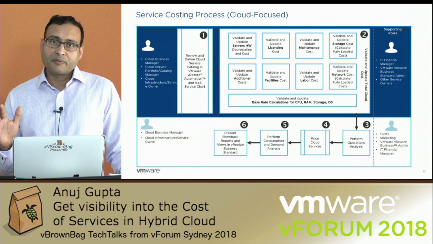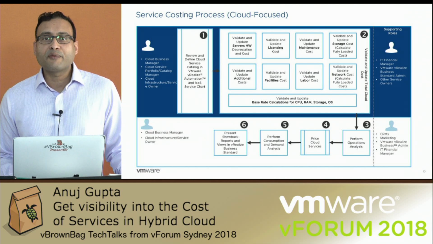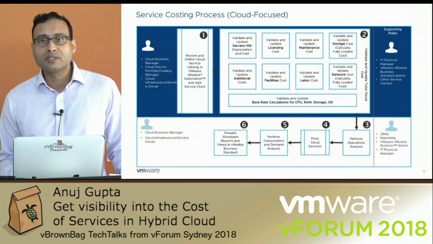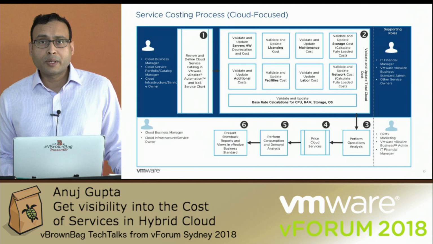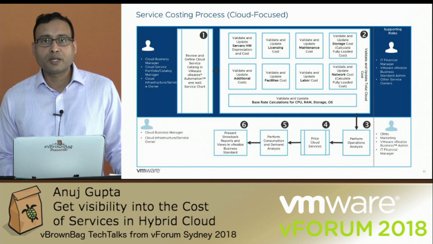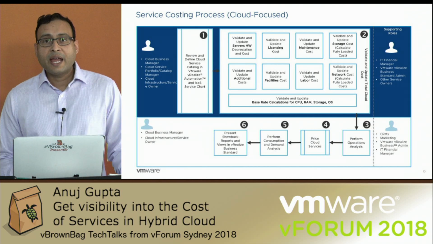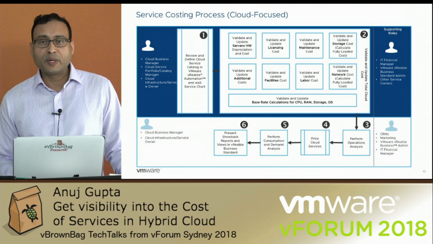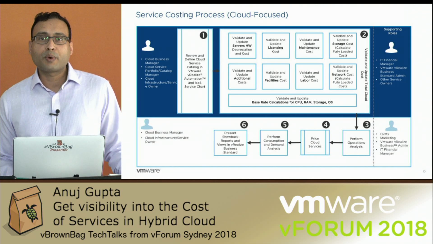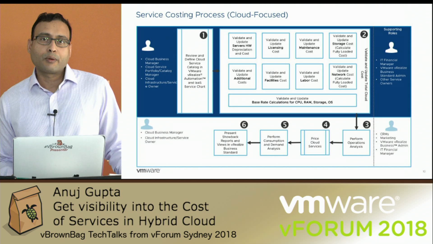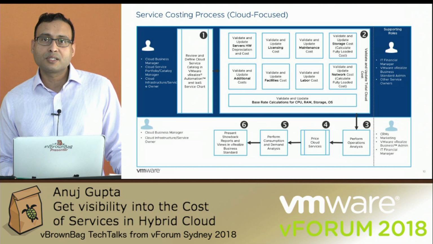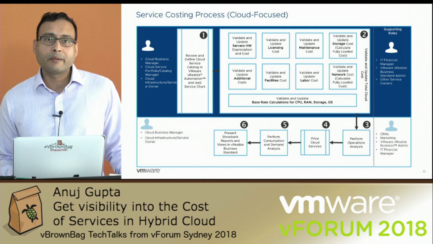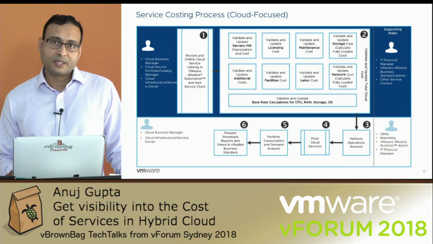So once we're done with the service costing process, the next step is to identify your consumers. Who are the consumers for these IT services? These consumers may be the business units or the application units which exist in your environment. And once we know the consumers, we start creating pricing policies. Think of it as a rate card. We define the rate card for CPU, we define the rate card for memory and storage, and based on those rate cards and pricing policy, we can start creating the price for your services.